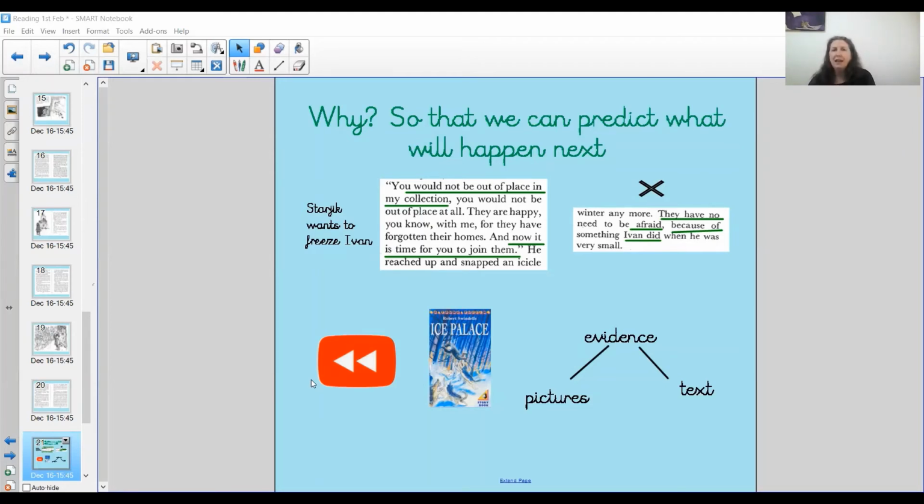I want you to think back to the rest of the story that we've read so far, all of the story up to the page that we are on, page 81. What is there in there? What bits have we read that might give us a clue about what will happen next?